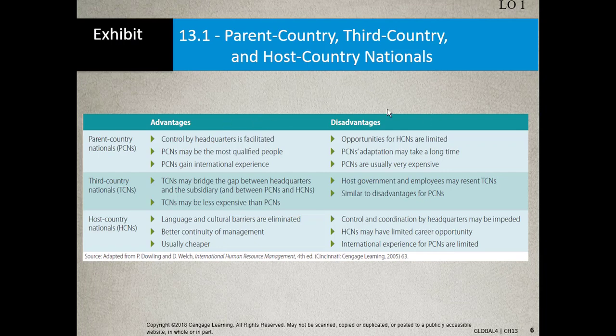There are pros and cons for each. So the parent country national, the PCNs, again, the example I used was Ariel, an American executive being sent to Spain, Barcelona. What's good about that is that control by headquarters is facilitated. He's sent by the company he was hired with. He understands the corporate culture.